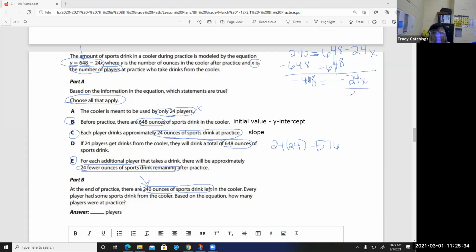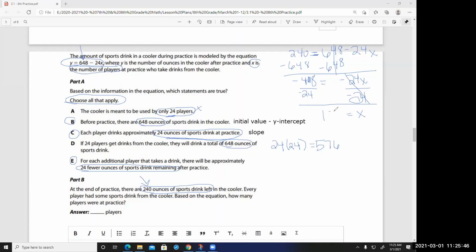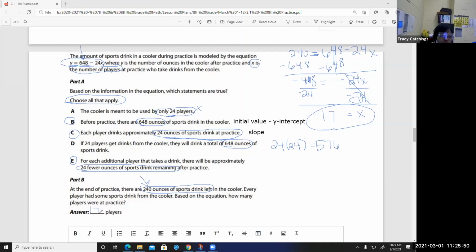All right, so now divide by negative 24. 17. All right, so that means it was about 17 players at practice.